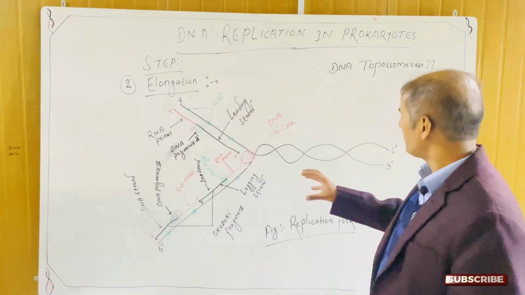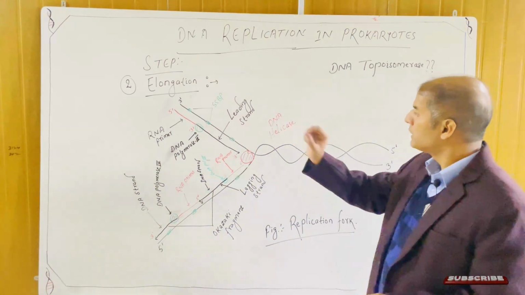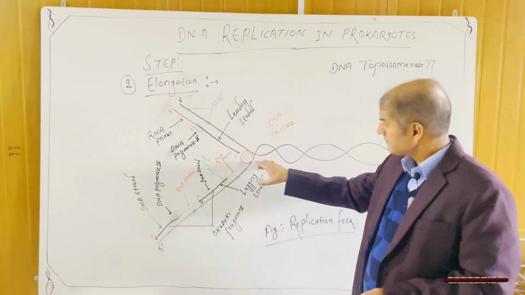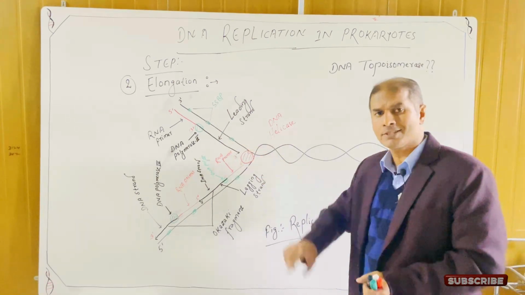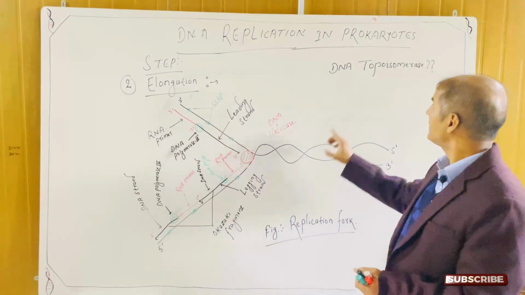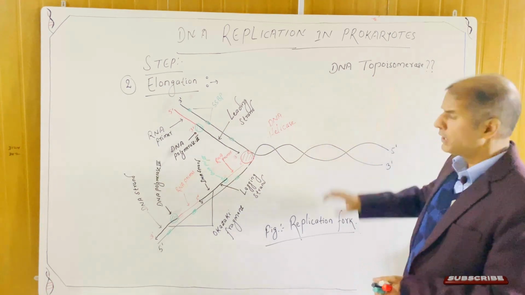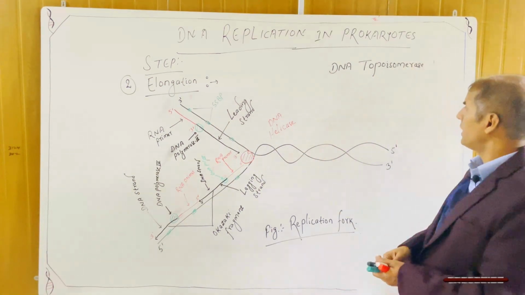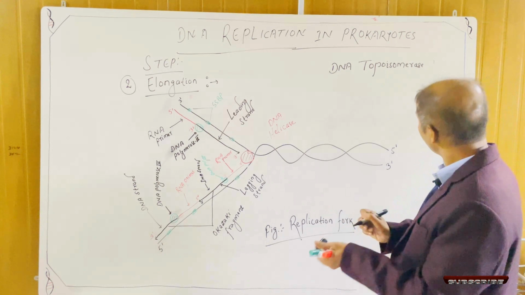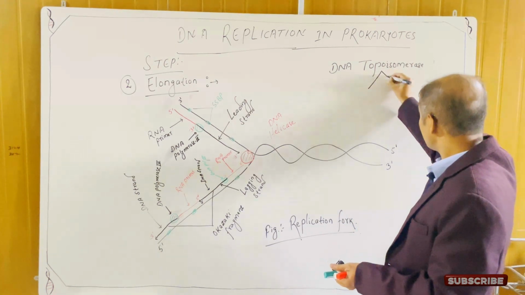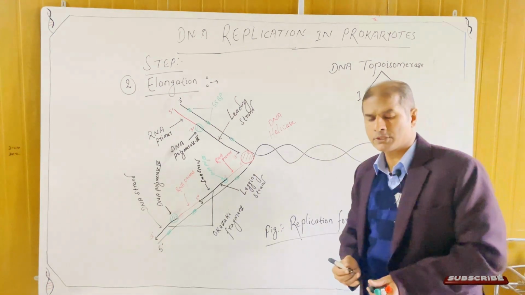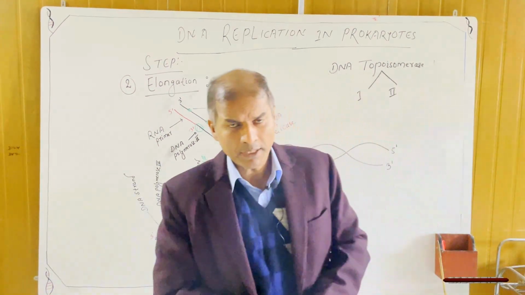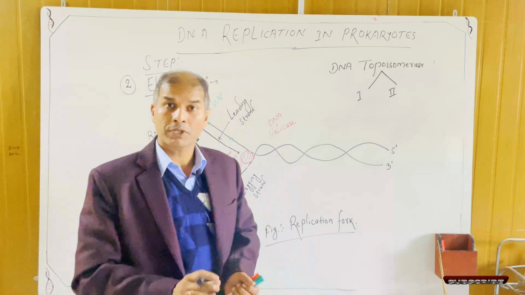Whatever supercoiling is formed due to the unwinding of double-stranded DNA by helicase is relaxed by DNA topoisomerase. We have to know that there are two types of topoisomerase used in the DNA replication process: DNA topoisomerase type 1 and DNA topoisomerase type 2.